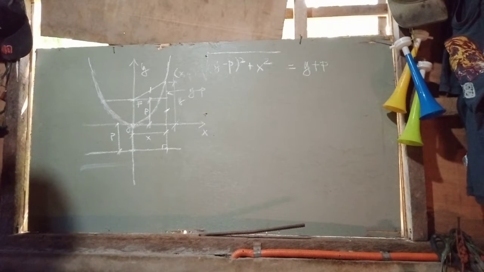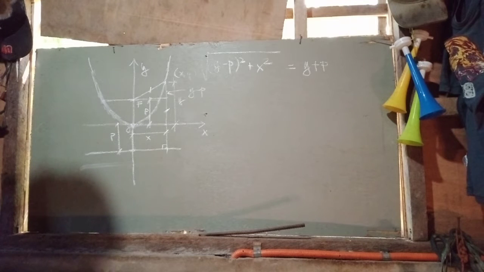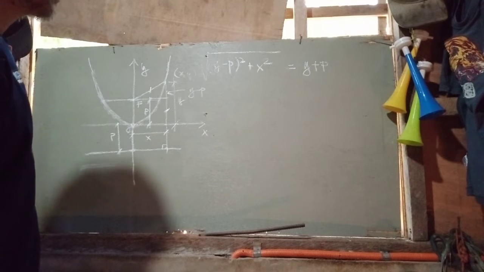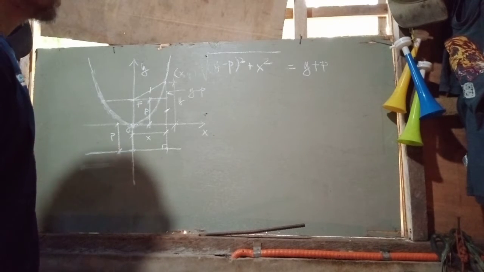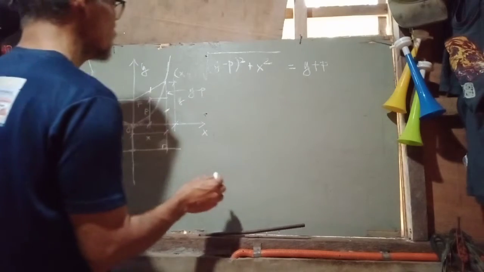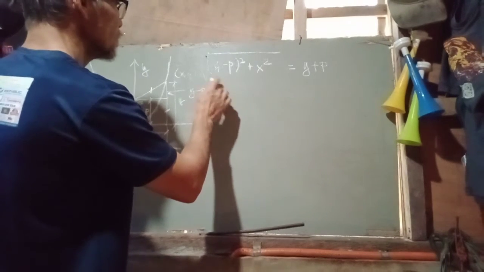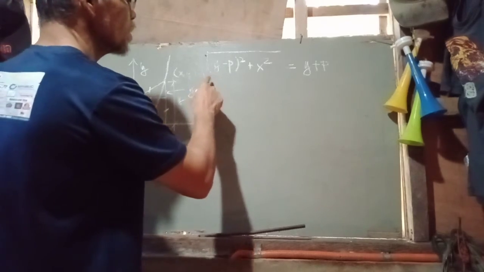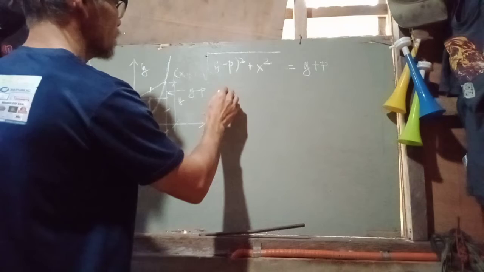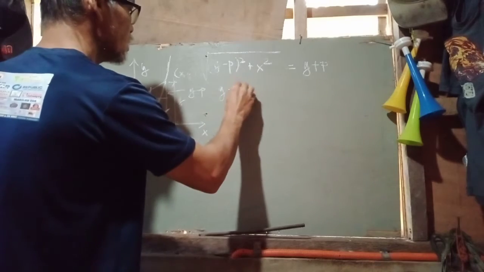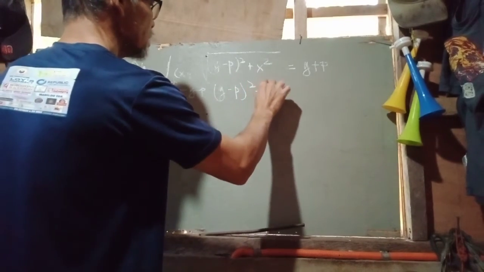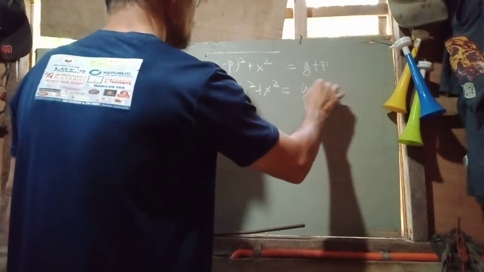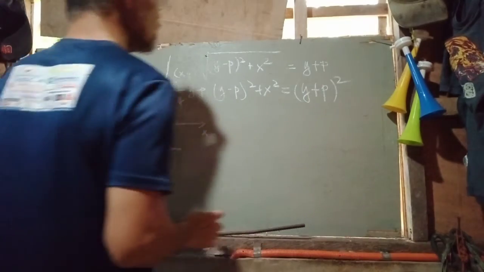So now we have all the relationships. We'll simplify these things. I want to get rid of this square root, so I have to square that one. So (y minus p) squared plus x squared is equal to (y plus p) squared.